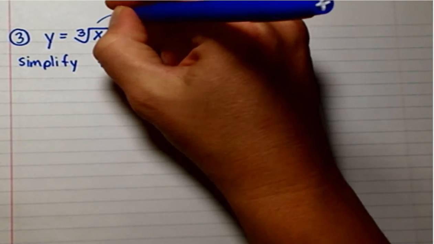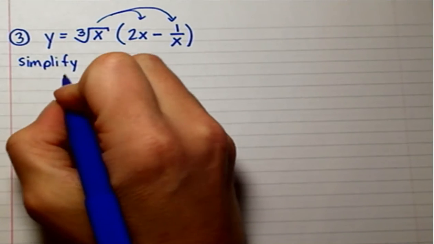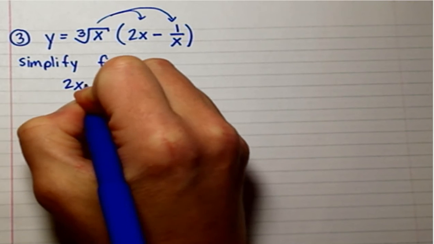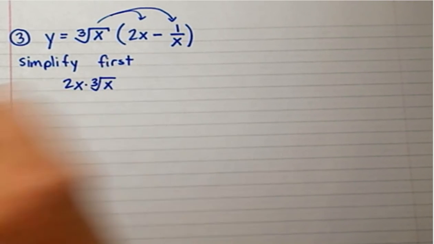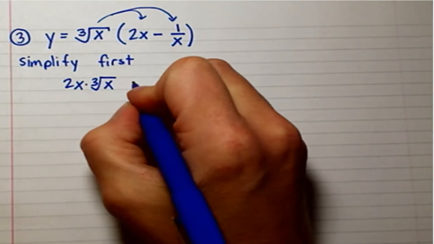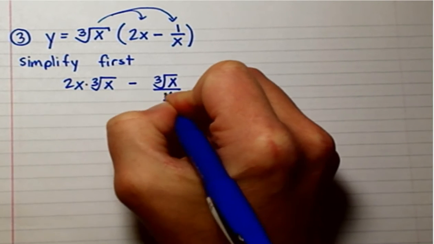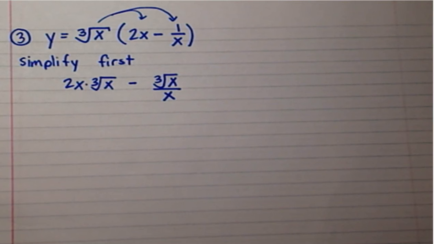All right, well, I'm going to multiply it 2 different ways to show you, but the first thing I'm going to do is literally just write the 2 things next to each other, right? 2x times cube root of x minus cube root of x over x. You're like, well, that doesn't look very simple.